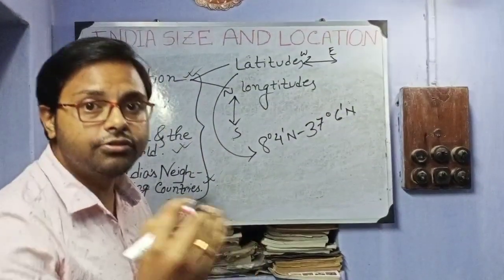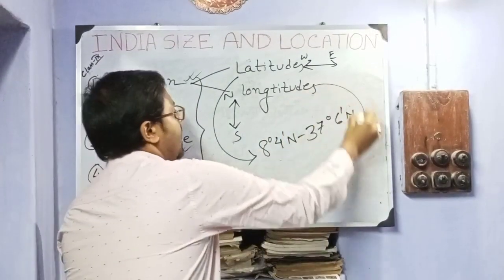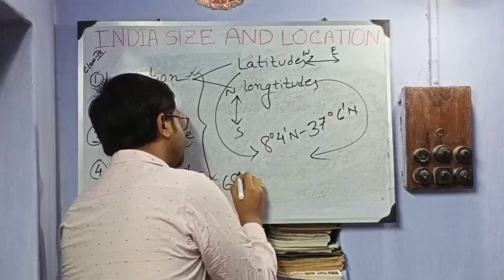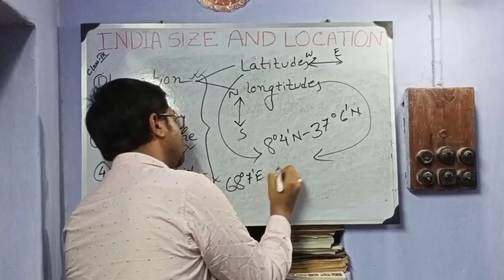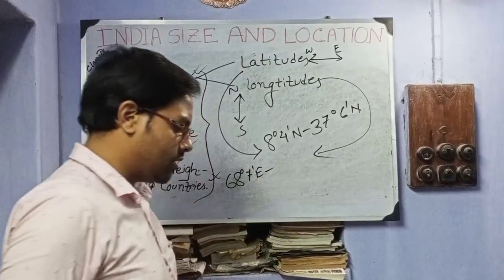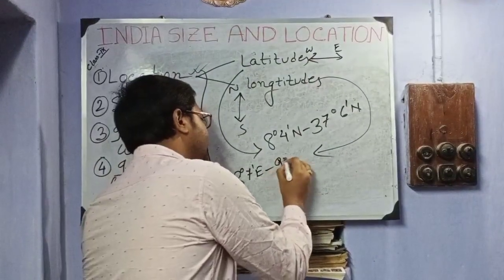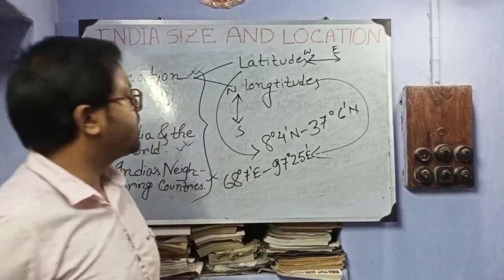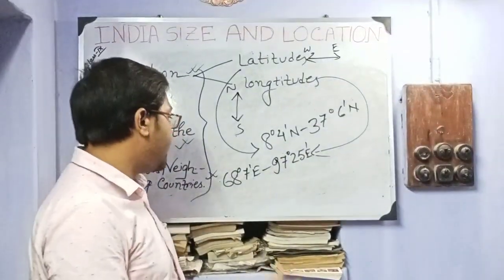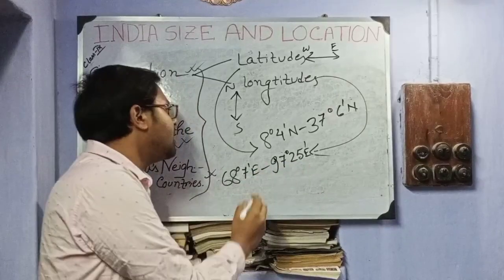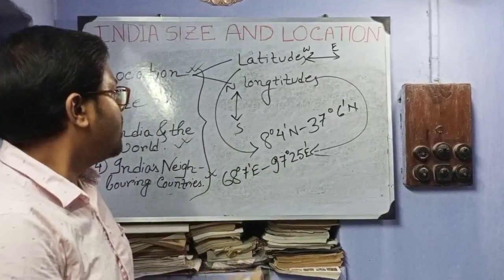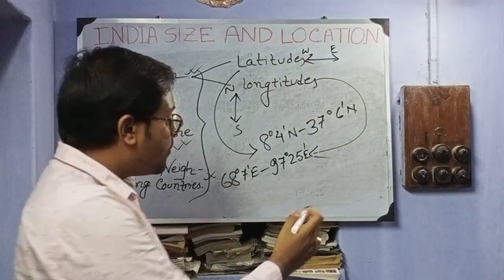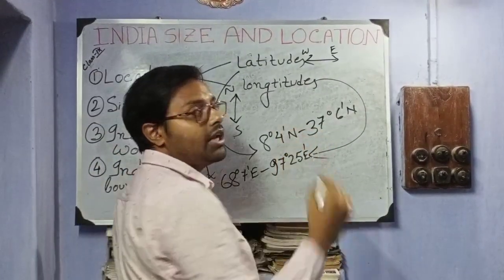And the longitudinal extension is 68 degree 7 minute east to 97 degree 25 minute east.